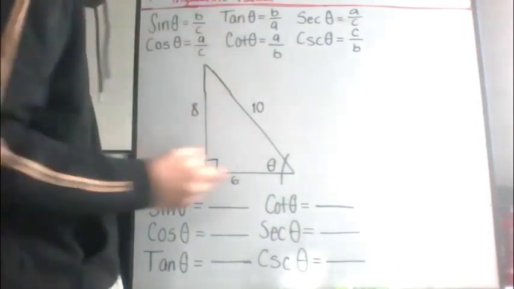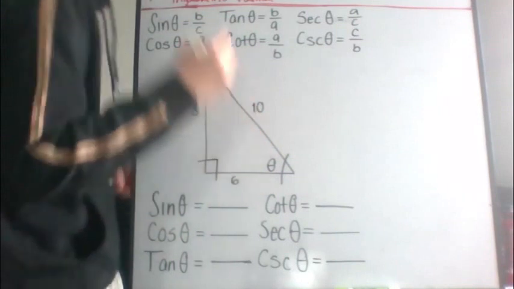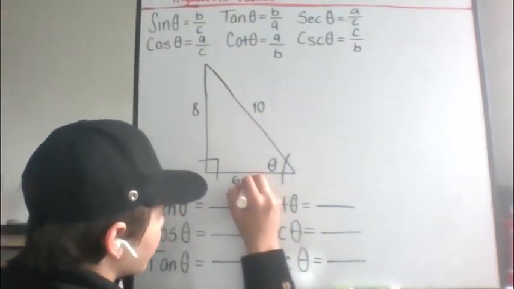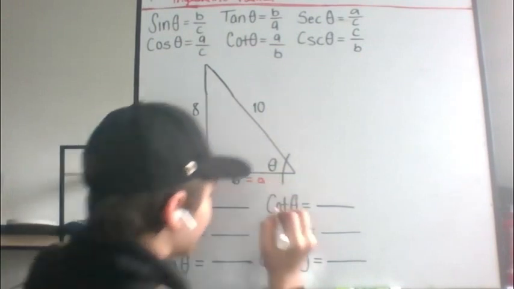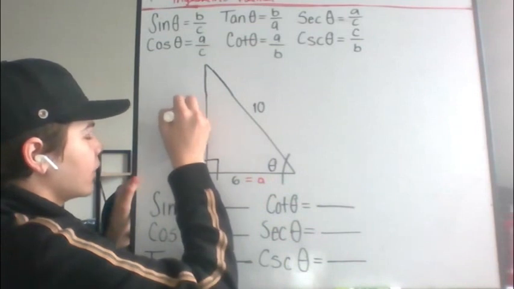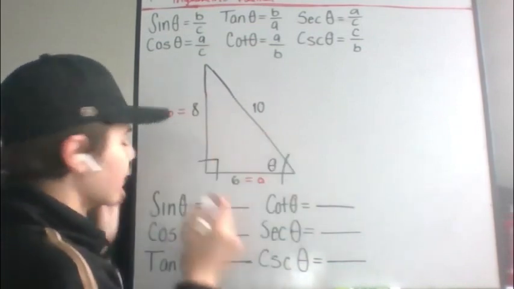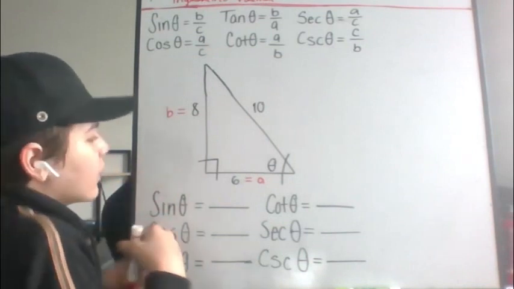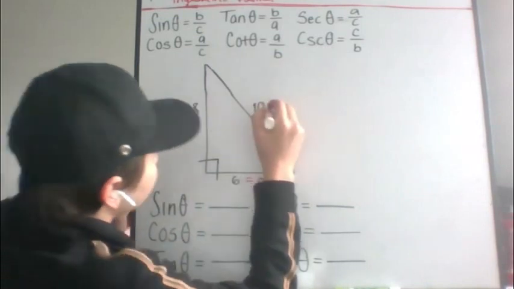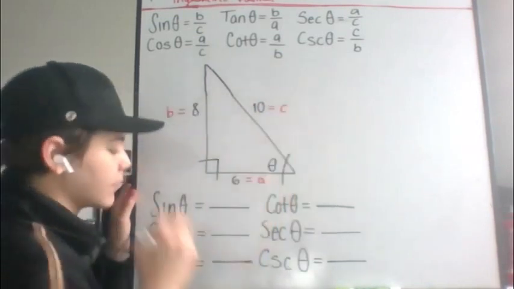So remember that the leader angle always has beside it the adjacent cathetus. So 6 in this case will be letter A, and letter B will be all the way on the other side of the leader angle. And the largest side is going to be letter C.